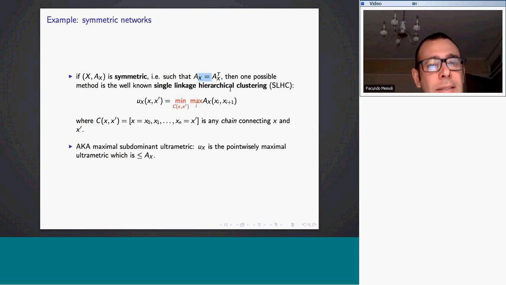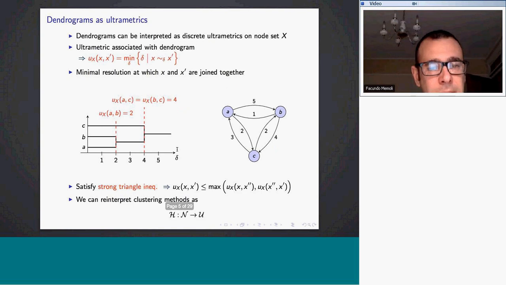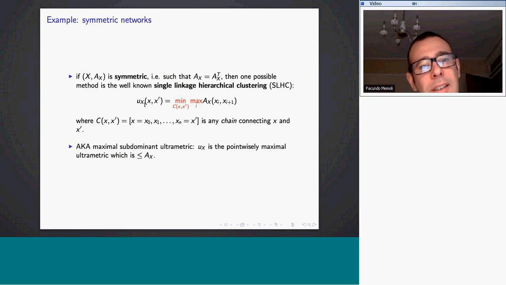I'm going to tell you what the method does, using this ultrametric formulation of hierarchical clustering. For every network X, A sub X, we define an ultrametric U sub X produced by the single linkage hierarchical clustering, as follows.